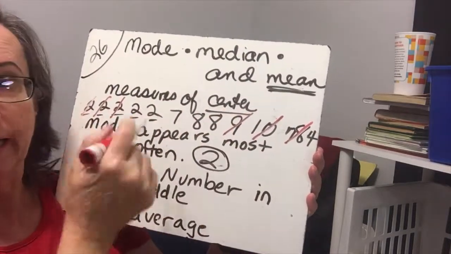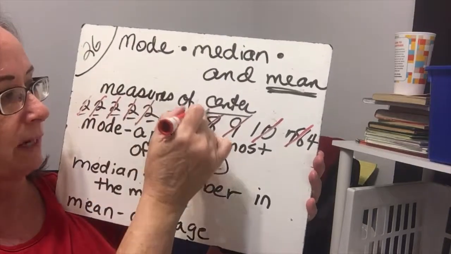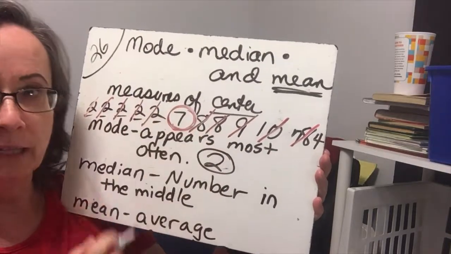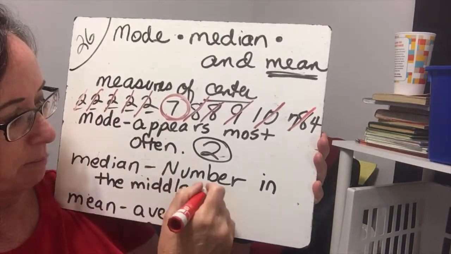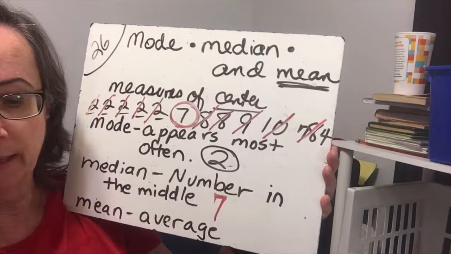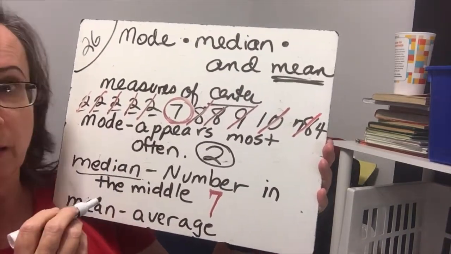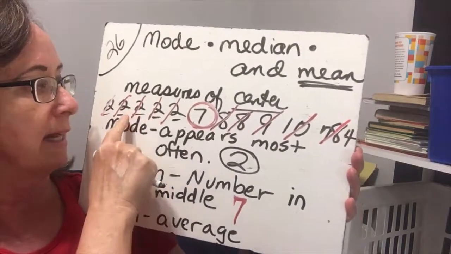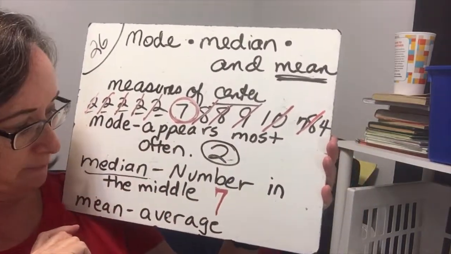So I'm going inside, one off there, one off there, one off there, one off there. 7 must be my middle number. So the number that's in the middle is the median. We call that the median. In order to find the median, we must put our data in least to greatest order.